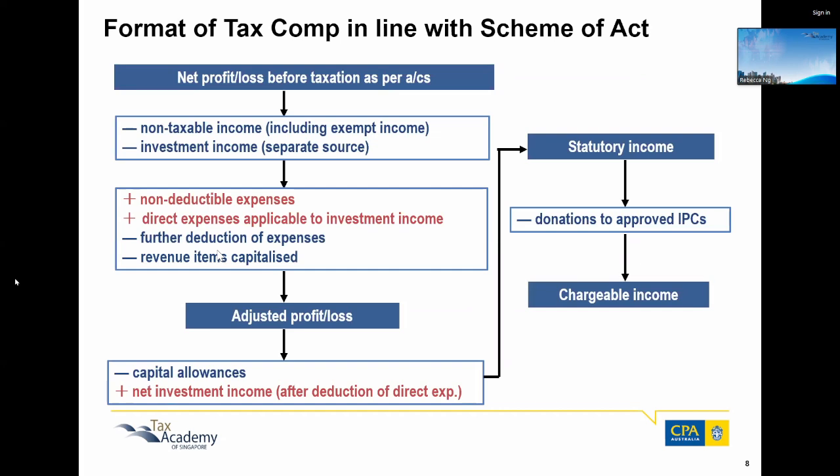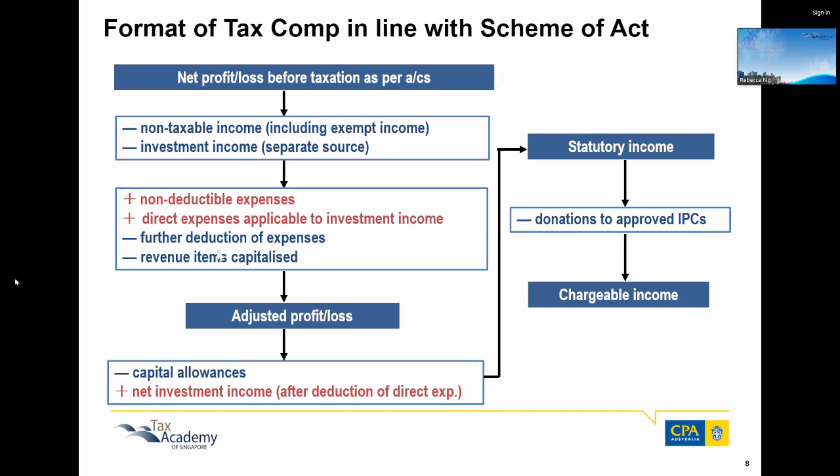Okay, this is an overview of the trading tax computation. Note that in the trading tax computation, we start off the first line with the net profit before tax. Like I shared earlier, the profit and loss includes all the revenue items, be it taxable and non-taxable receipts, as well as expenses that are deductible and non-deductible. So we start with the net profit before tax, and we need to exclude the non-taxable income and non-deductible expenses.